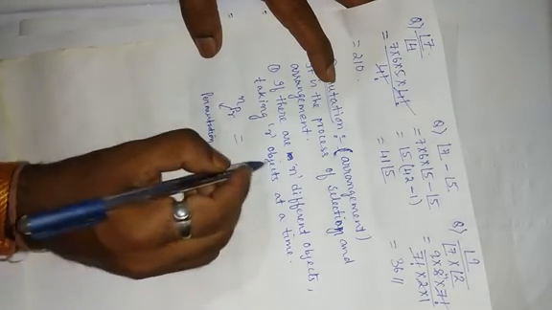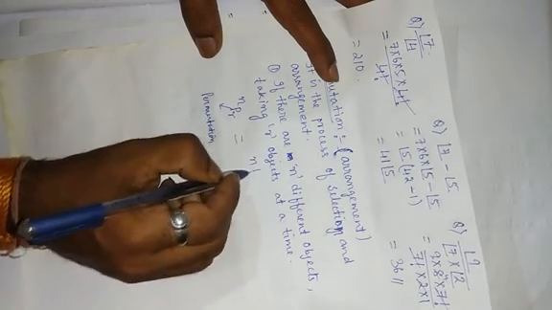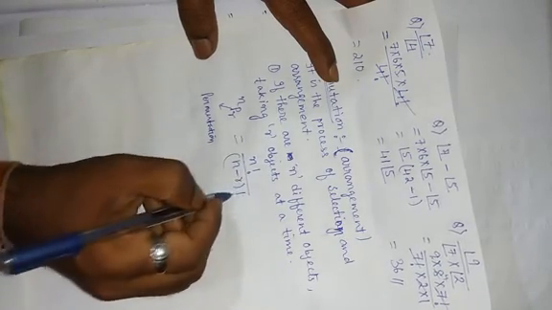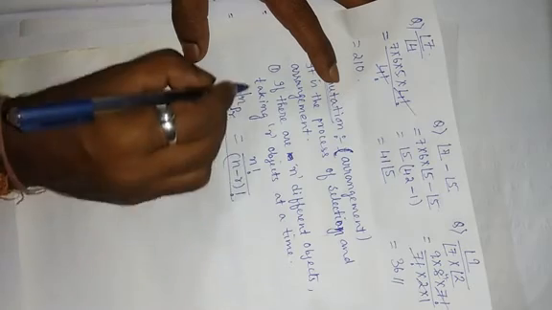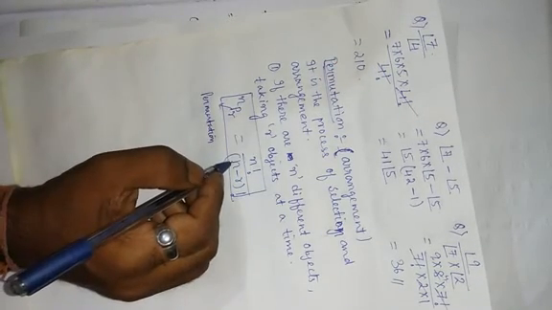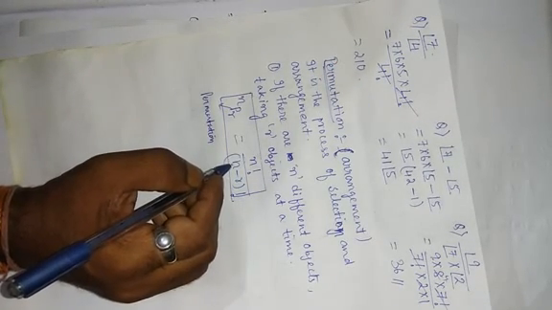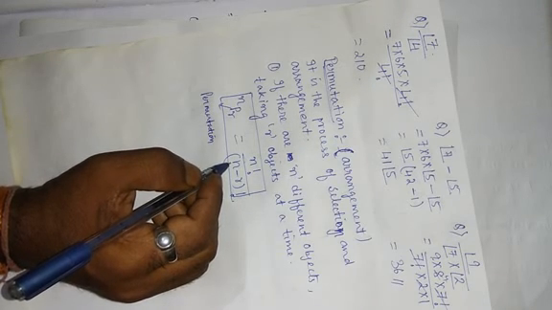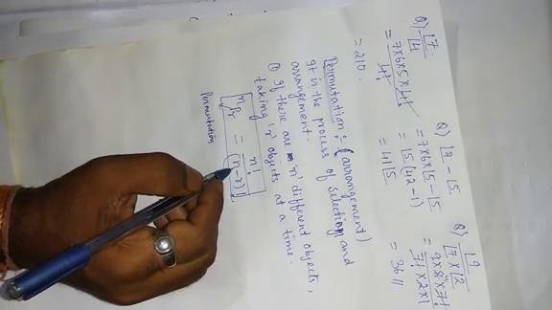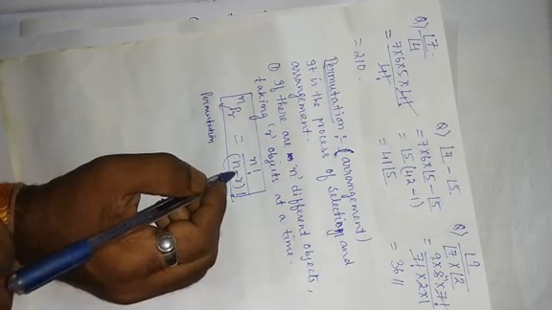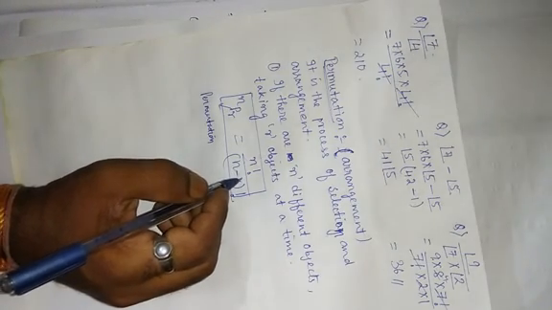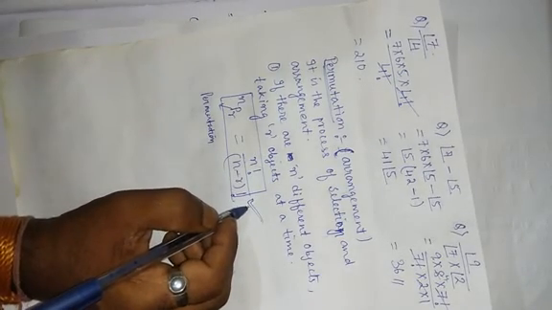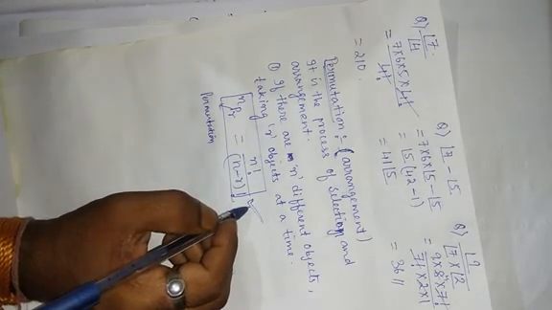So nPr is given by n factorial divided by n minus r factorial. So this is the formula for permutations. Few more formulas are there based on condition, but there is no change in the formula. Just based on condition, we have to utilize the formula. So this is the main important formula for permutation.